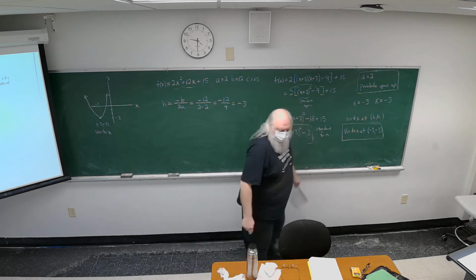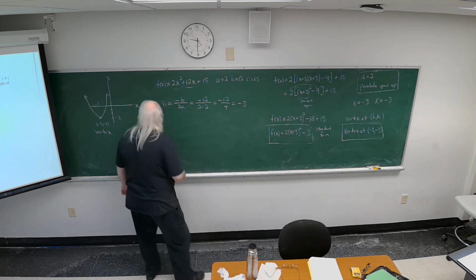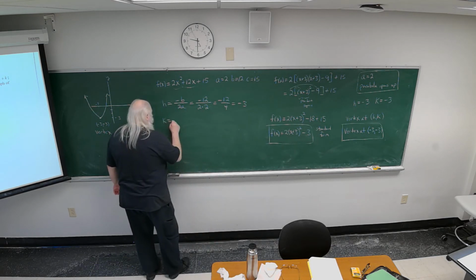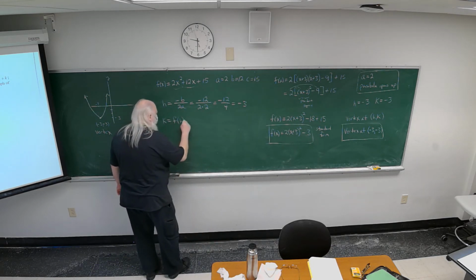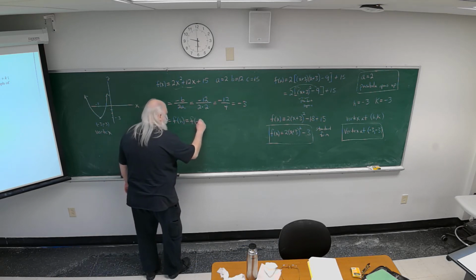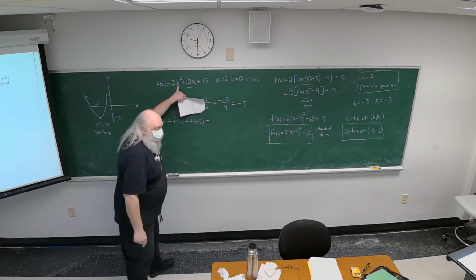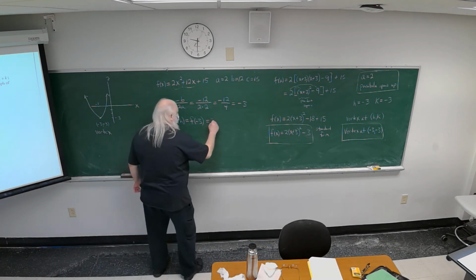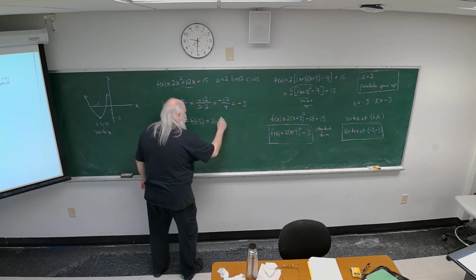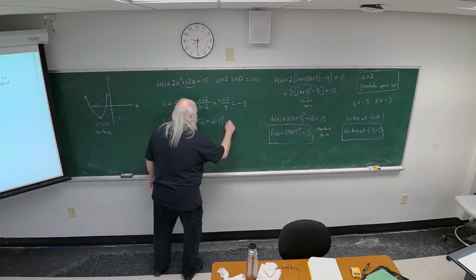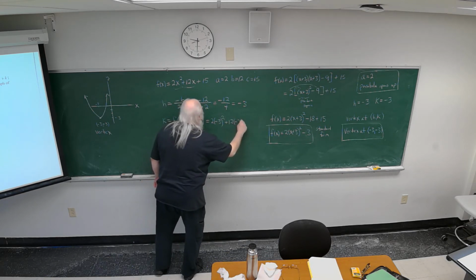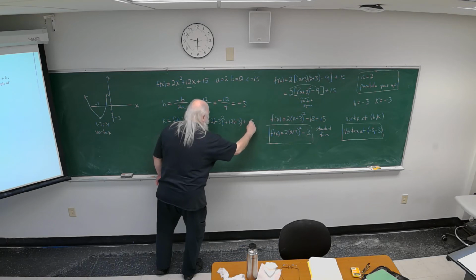Okay? And k is equal to f of h, which is f of -3. I'm going to put -3 in for x here. I have 2 times -3 squared plus 12 times -3 plus 15.